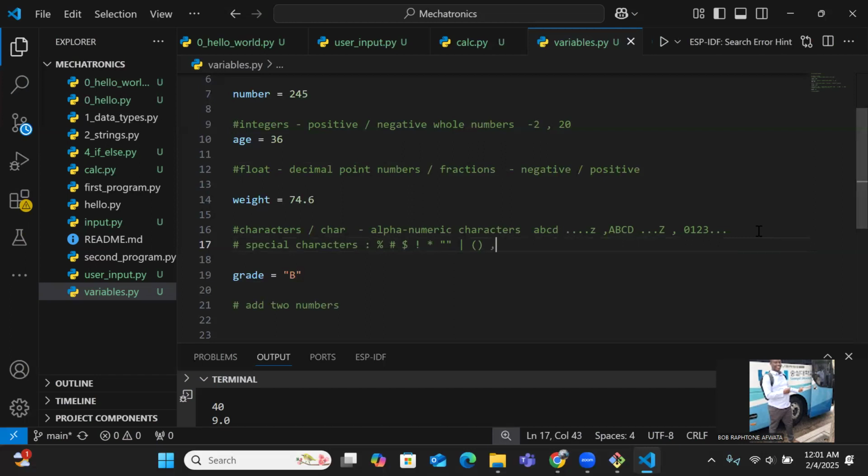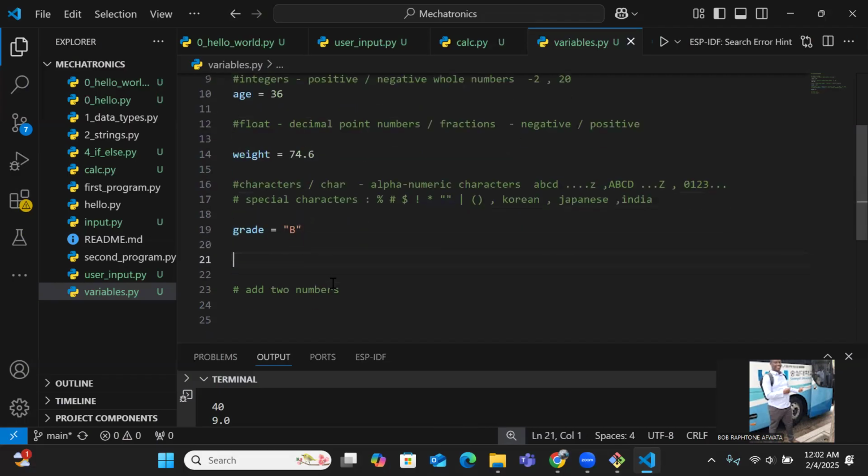Even if you have Chinese, or if you are using Korean, like we are in Korea, the Korean characters. If you are in Japan, Japanese. If you are in India, all their characters are also part of the characters in the programming language. Whichever language you are using, they're part of their alphabet, and all those are special characters. So for example, the simple one, grade is B. That is a character.